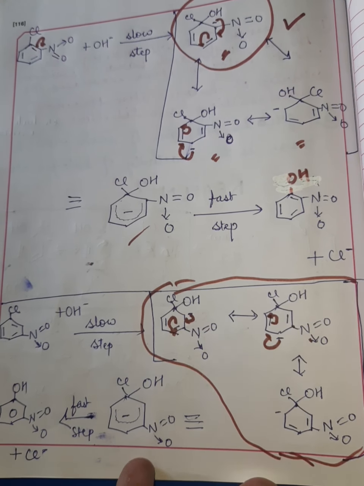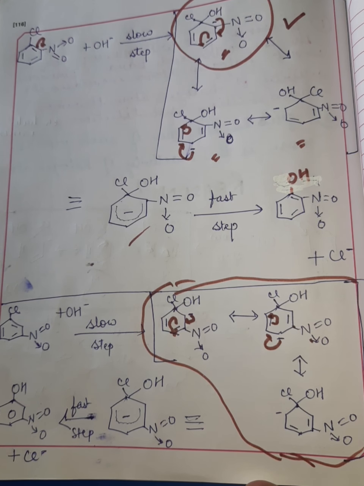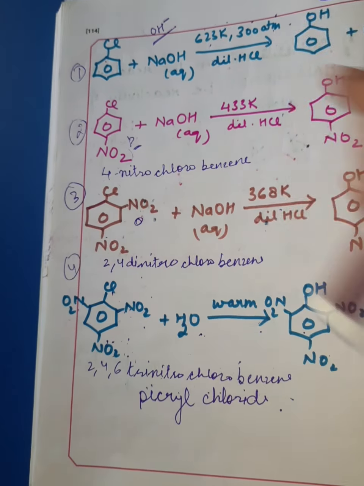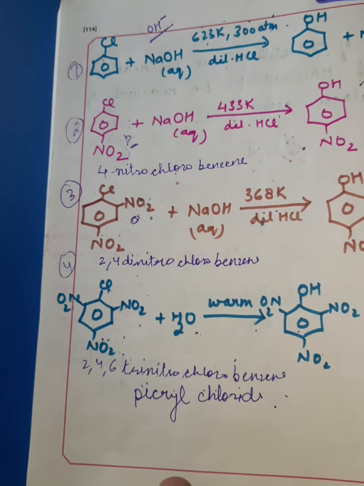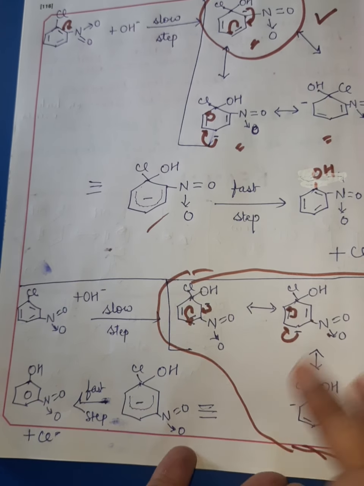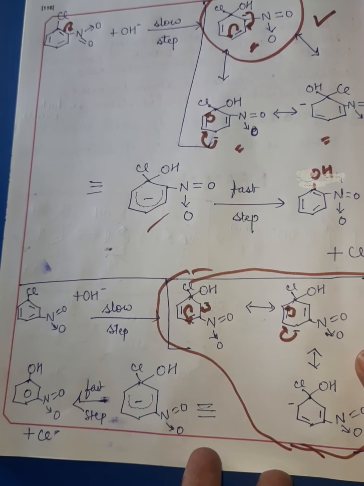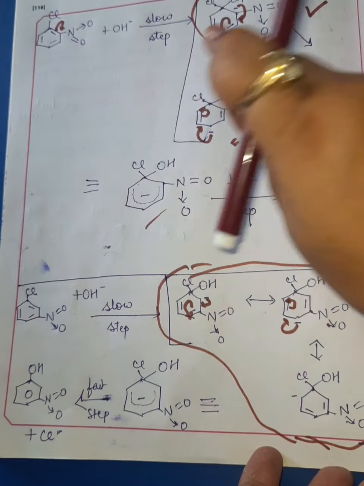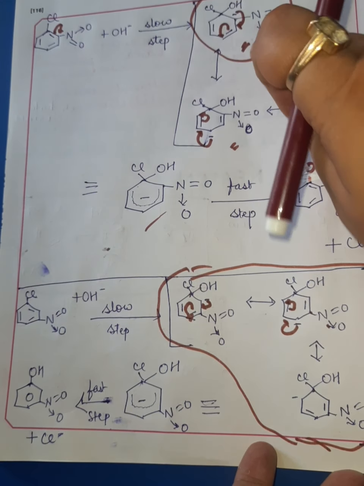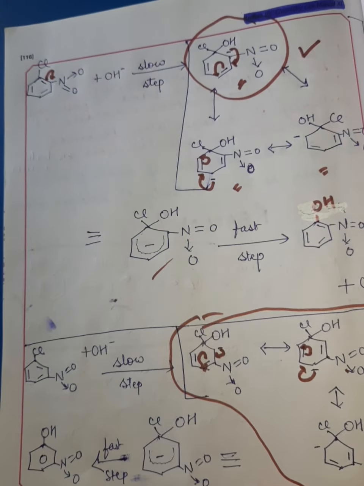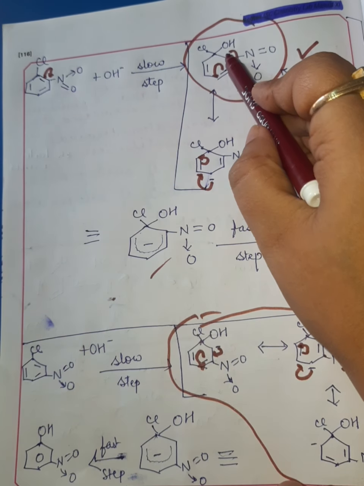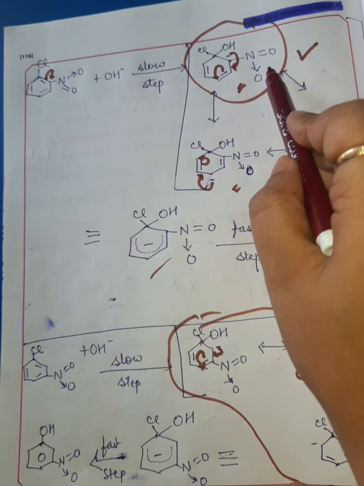So if I summarize, during the mechanism of this nucleophilic substitution reaction, in case of meta-nitrochlorobenzene, the carbanion so formed undergoes resonance stabilization, but in case of ortho and para, the carbanion so formed undergoes extra resonance stabilization due to the development of the negative charge onto the carbon attached with the nitro group.